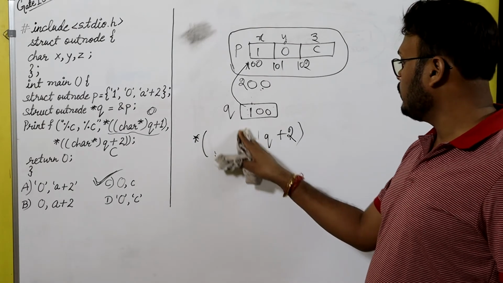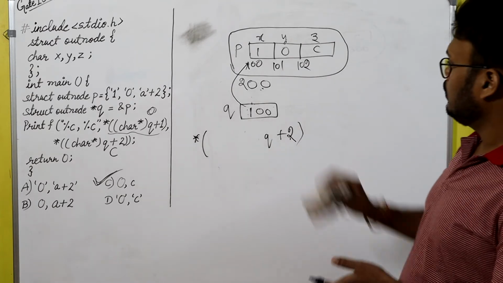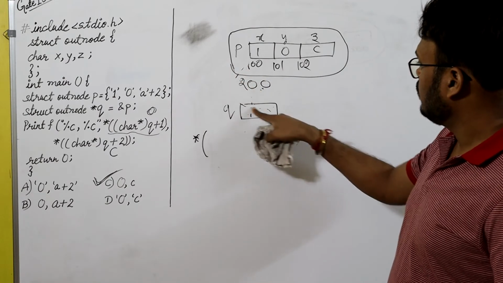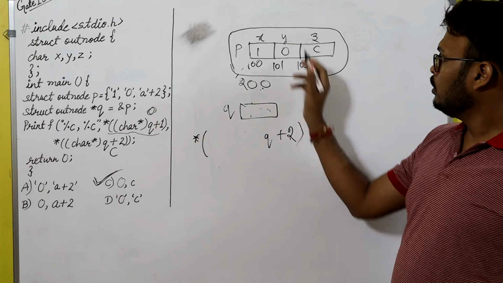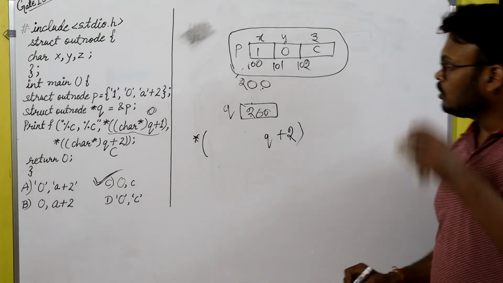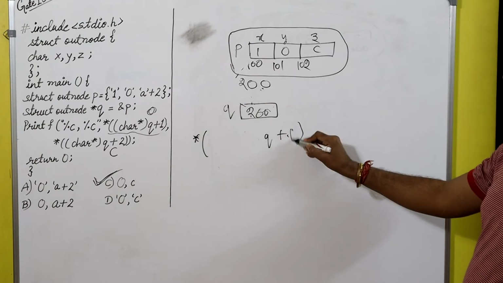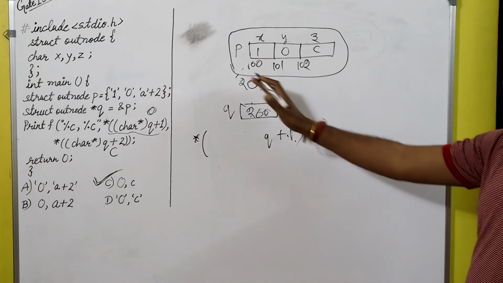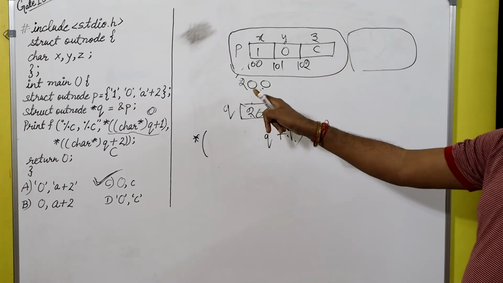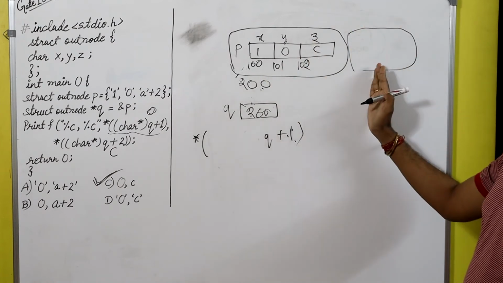Suppose they would have only written Q plus 2. Then what would happen? So we know initially Q was pointing to the address of the node, which was 200. So Q plus 1 means what? Address of the next node. Okay. Q plus 1 means what? Just next node. Address of the just next node.